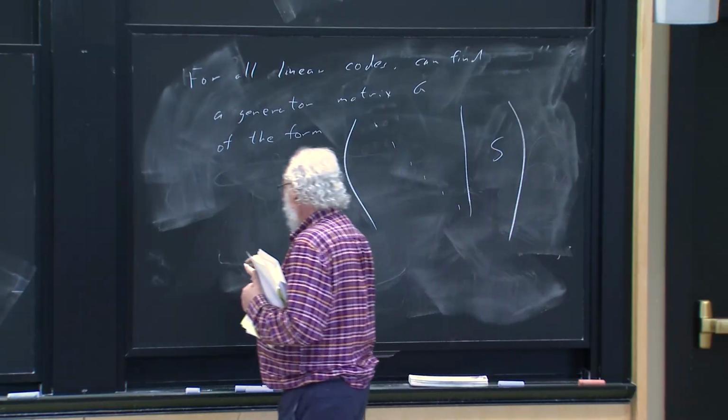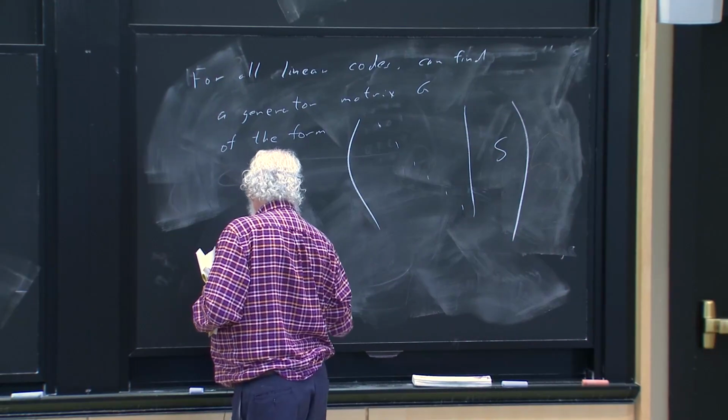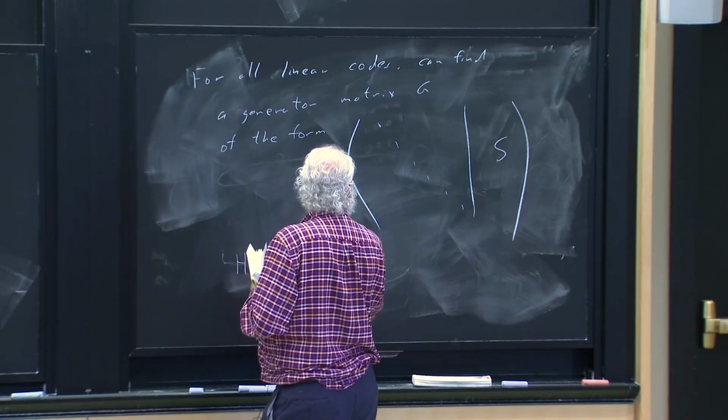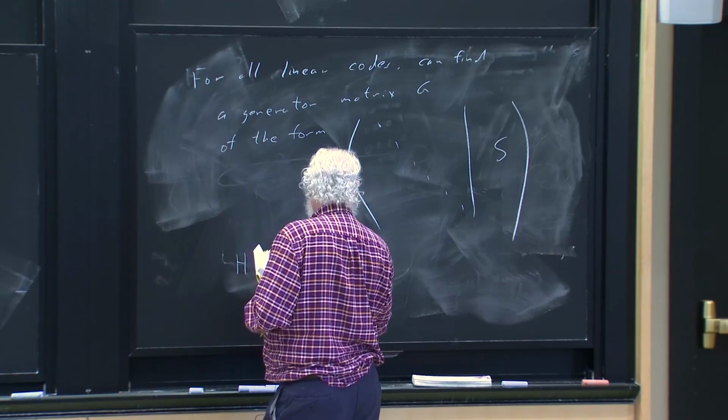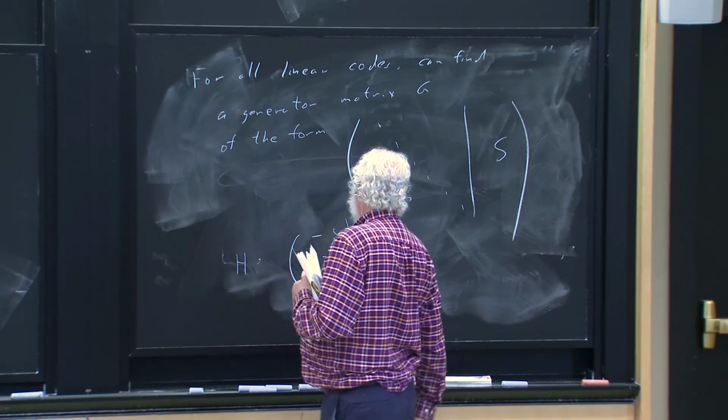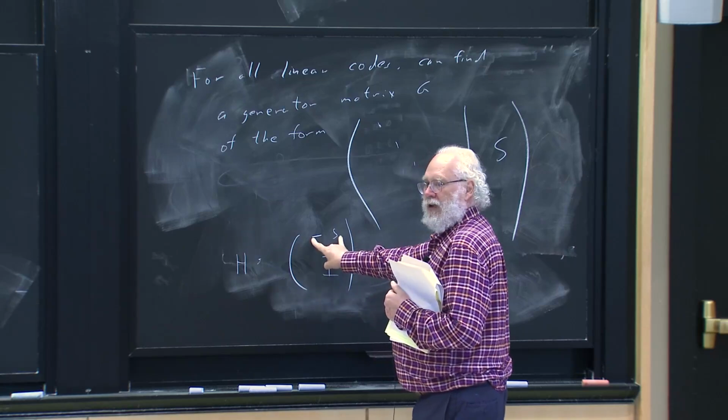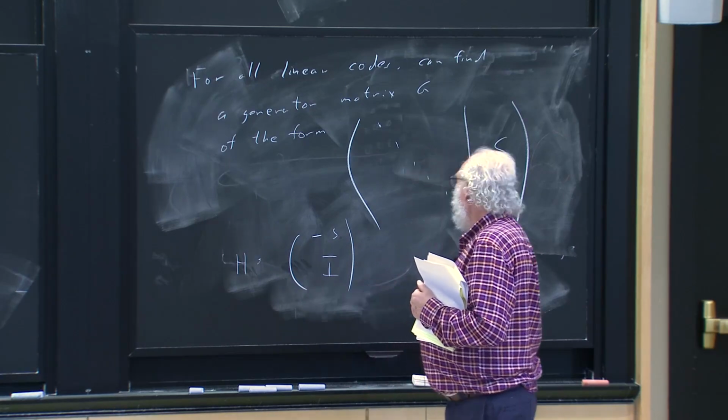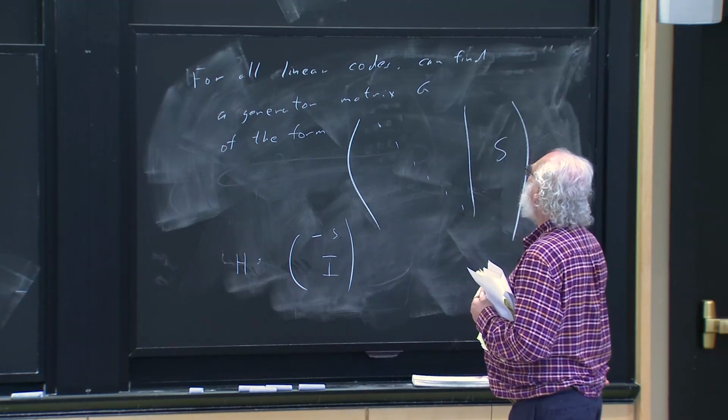And I want to claim that here H is equal to minus S, I, where you have a minus S here and an I of the right form.